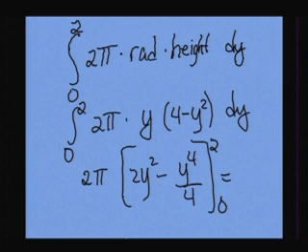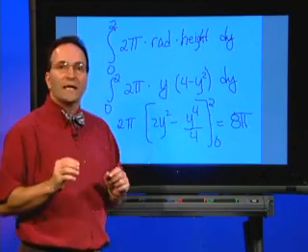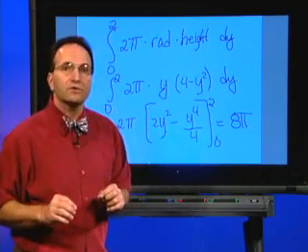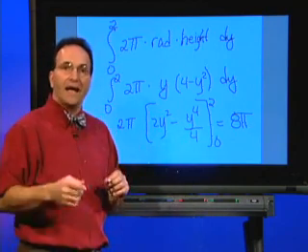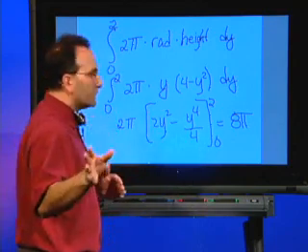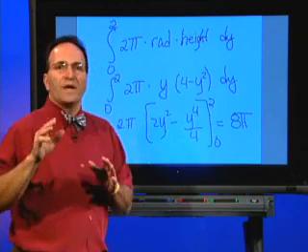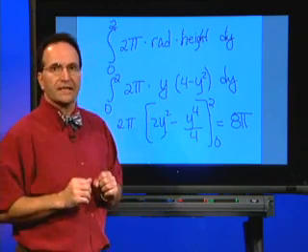When we evaluate that and work it all out, we get that it's equal to 8 pi. So that's an example of where we can use what are called cylindrical shells to find the volume. Well, we're going to take a look at another example where we have a different type of cross-section.